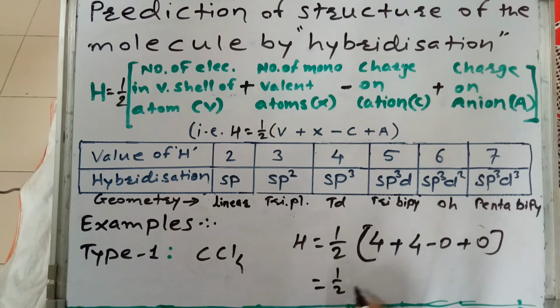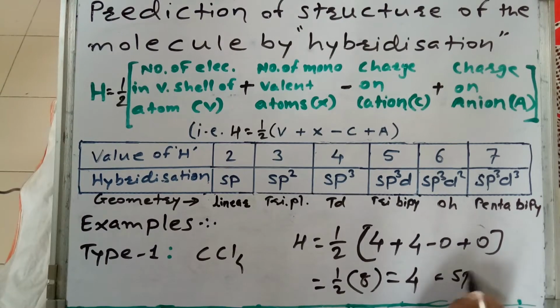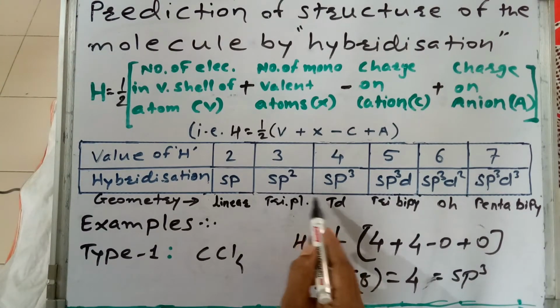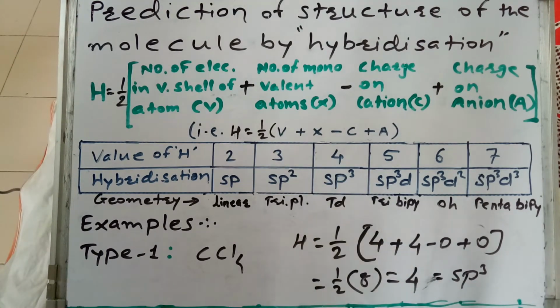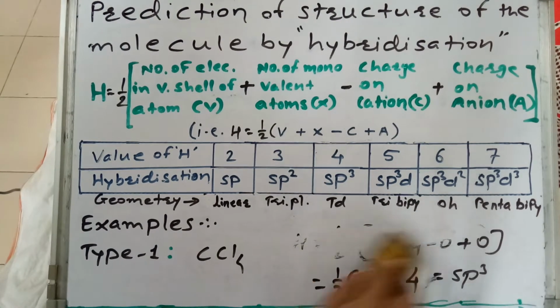So half of 4 plus 4, 8, comes to 4. So this is sp3, that means the geometry is tetrahedral. In this way we can find out the hybridization of the different atoms in the different molecules.